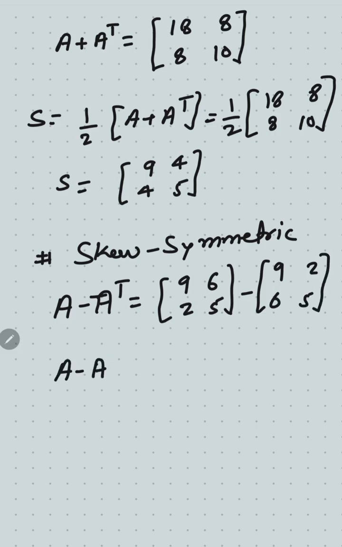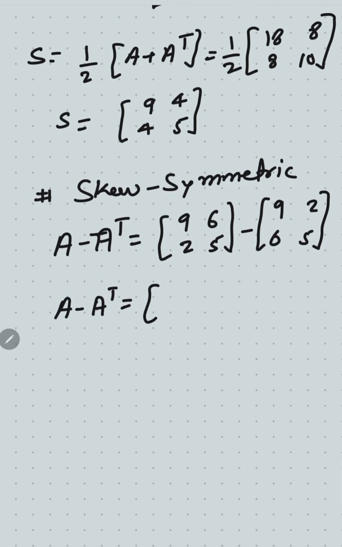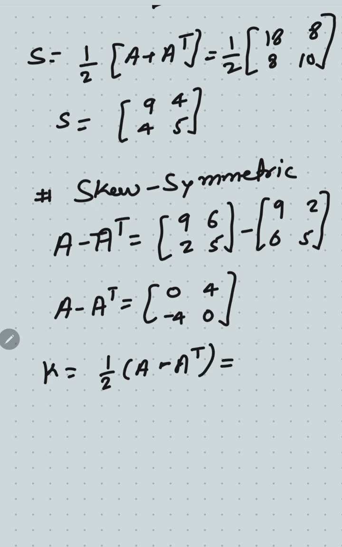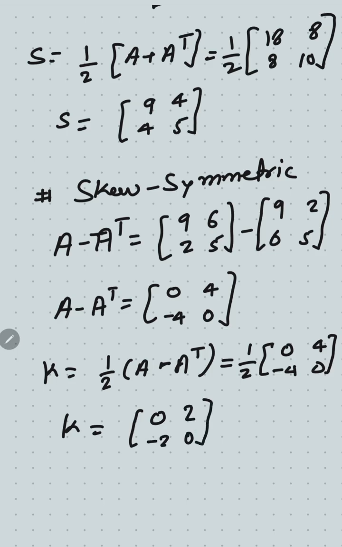Then A minus A transpose is equal to 9 minus 9, that is 0, 6 minus 2, that is 4, 2 minus 6, that is negative 4, and this is 0. Then K is equal to 1 divided by 2 (A minus A transpose), which is 0, 2, negative 2 and 0.